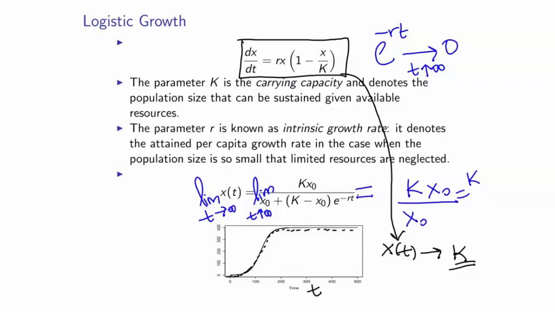To come up with this illustration, you have to plug in specific values for the parameters, right? This is a mathematical model, an equation. If you have parameter values, then you obtain a numerical solution.